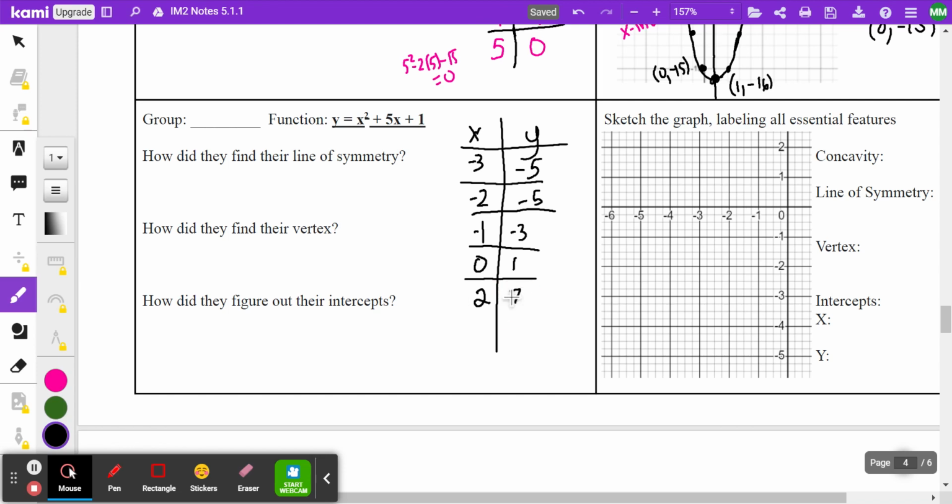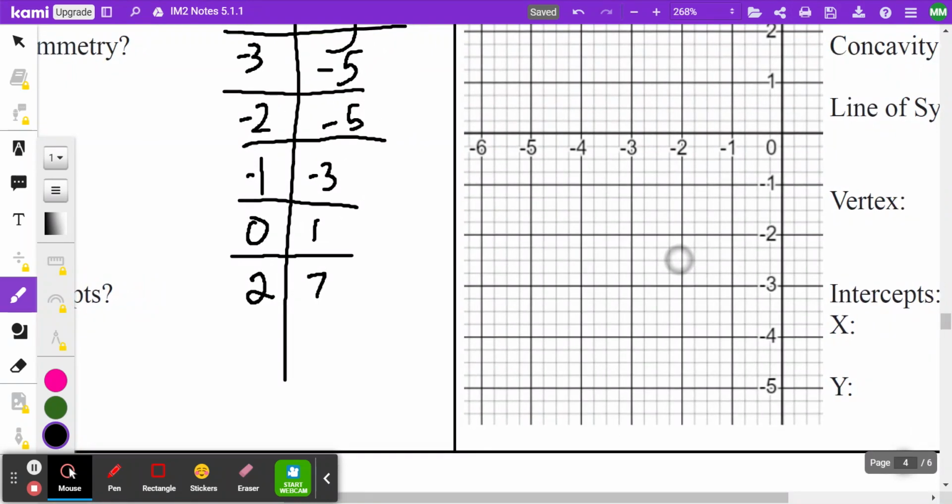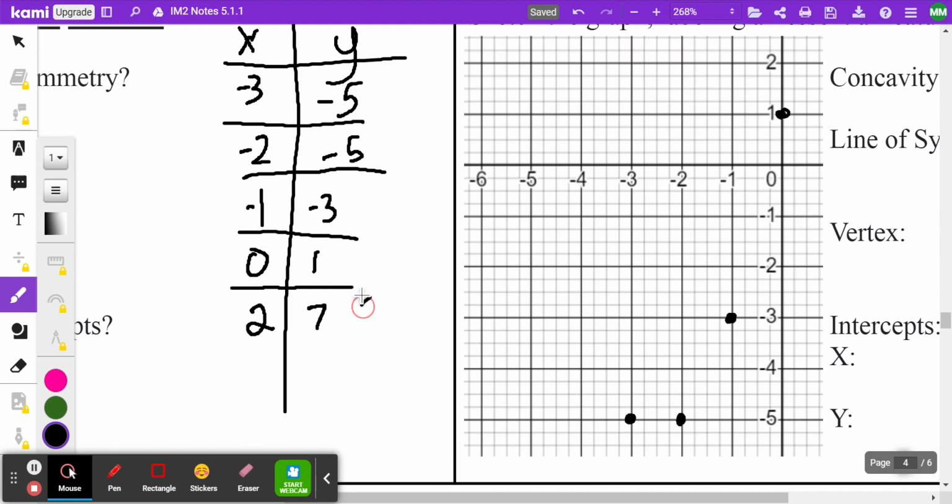Let's start graphing. Okay. -3, -5. -2, -5. -1, -3. 0, 1. And then 2, 7's not going to fit.